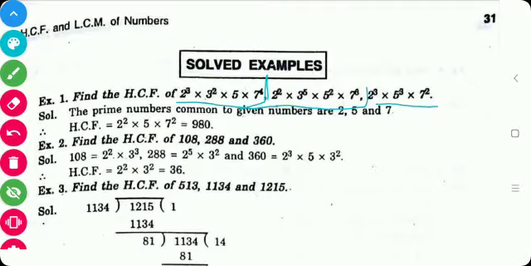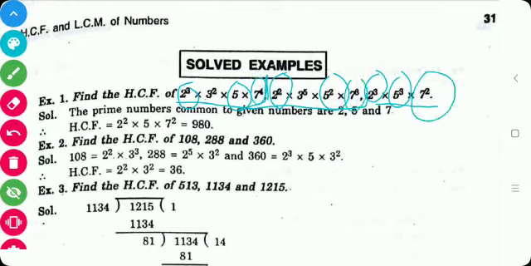So how will we find it? First of all we have to find the common prime factors. The common prime factors are 2, 5 and 7. 2 is common in all three numbers, 5 is also common and 7 is also common.